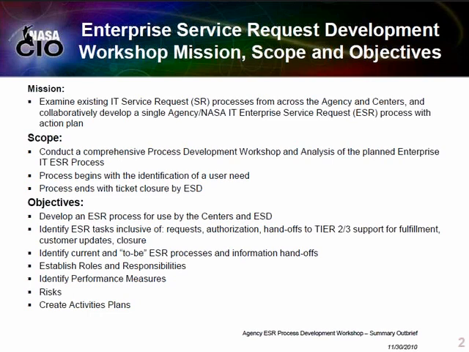So among the other things we looked at were some of the tasks, looking at how a request is made, the authorization of those requests, some of the handoffs to Tier 2, 3 support for fulfillment, updating the customer, and then closure of the ticket. We also looked at some of the key roles and responsibilities, some of the core performance measures, and also some of the risks associated with the process.